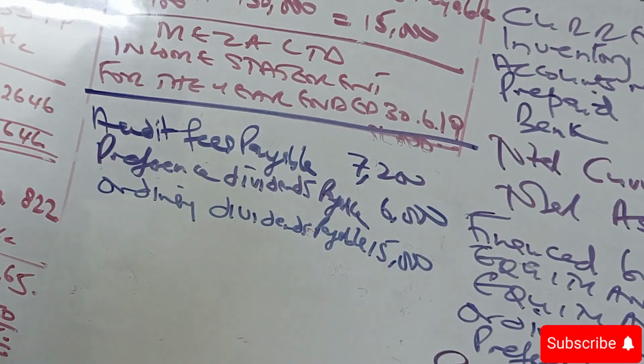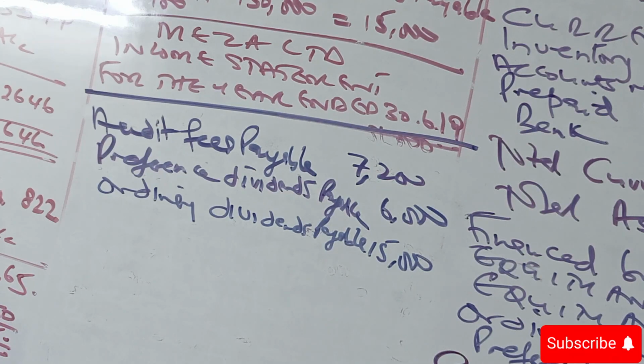So we check whether there is anything on the trial balance that we have not captured, anything that was not adjusted but has not been captured. I'm not seeing anything.